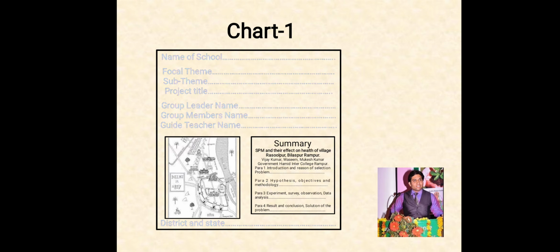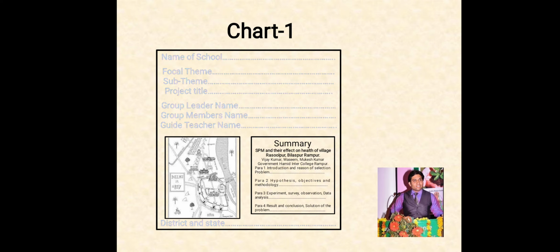When you start preparing charts, many questions arise in your mind. What you have to include from the project file, or what is the sequence of information on these charts. For convenience, I have developed 4 charts.